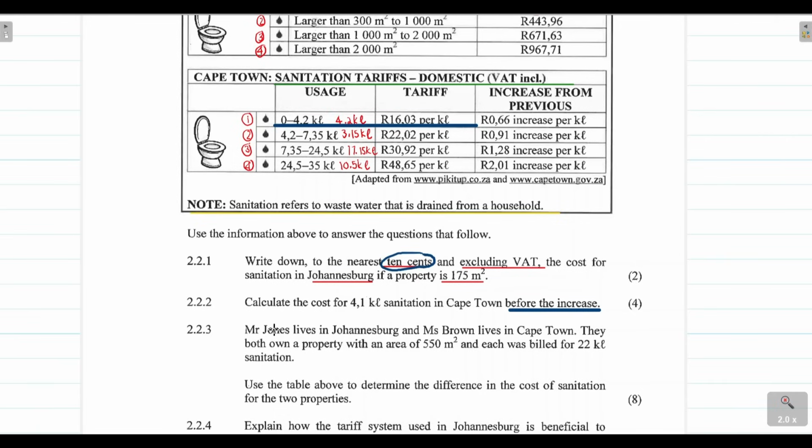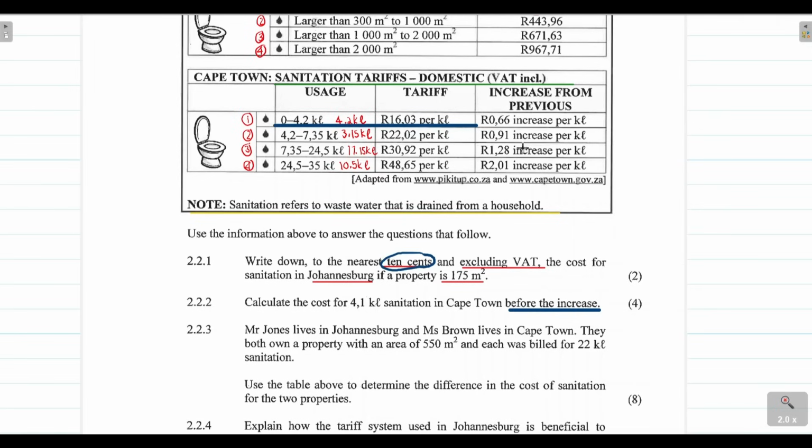Because we want to calculate the cost for 4.1 kiloliters of sanitation, we already know that it falls within the first block, because the first block is for using between 0 to 4.2 kiloliters of sanitation.